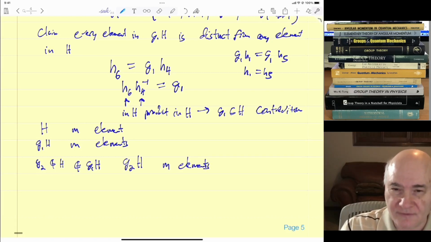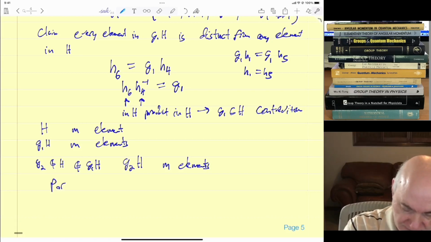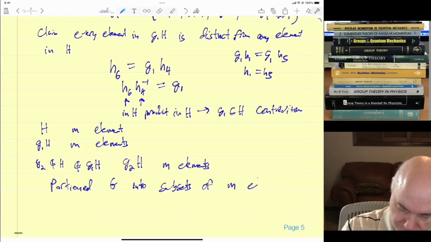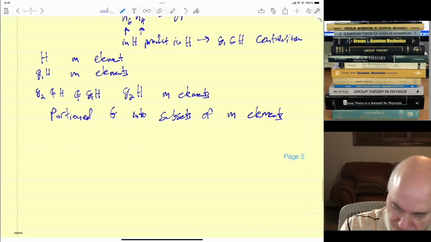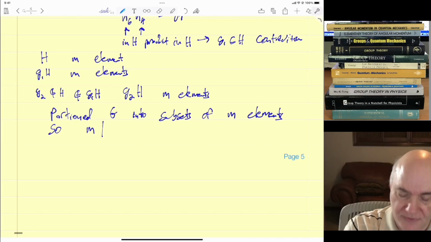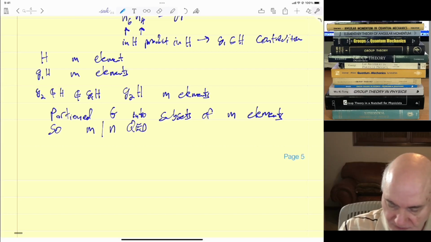Well, eventually, since it's a finite group, we run out of elements, and basically what we've done is we've partitioned G into subsets of M elements. So M has to divide, that's the symbol in number theory, has to divide N, and that proves our theorem, QED.